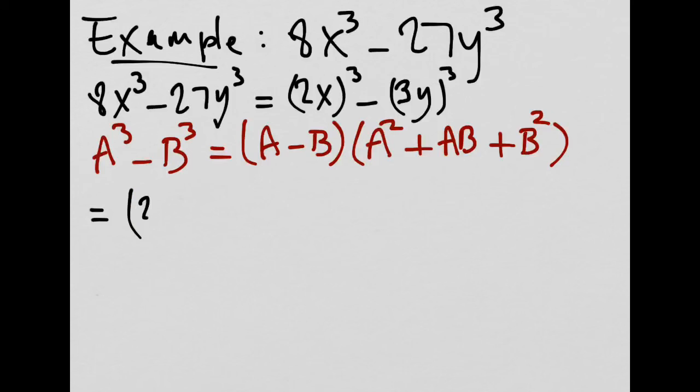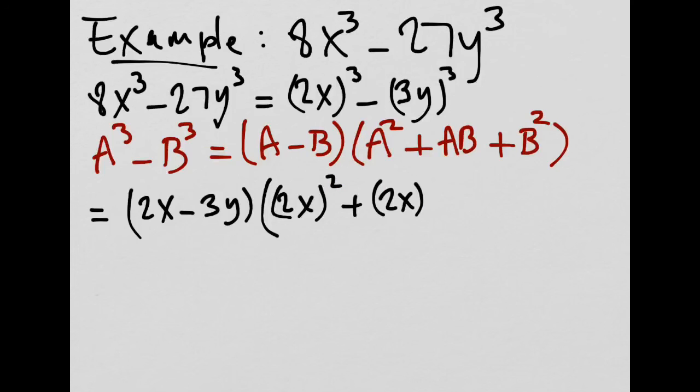So we have 2x minus 3y times 2x quantity squared, that's a squared, plus 2x times 3y, that's ab, plus 3y quantity squared.